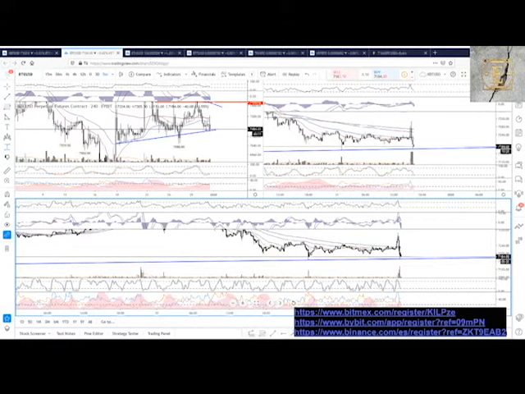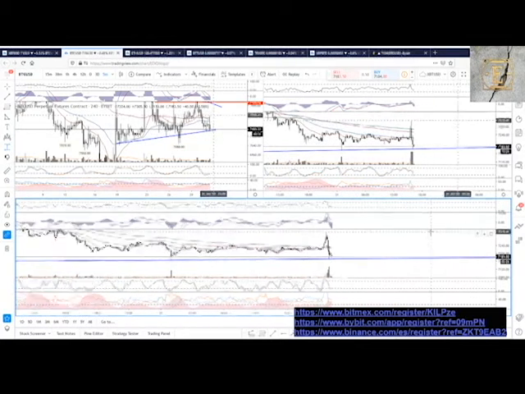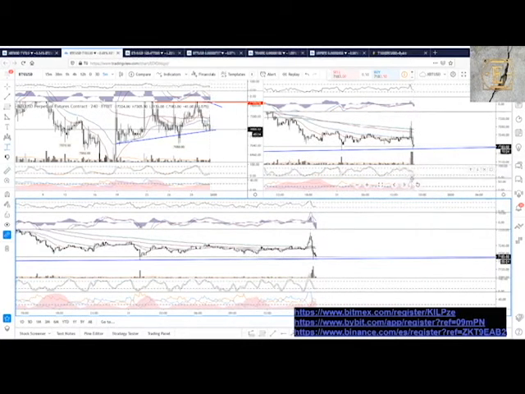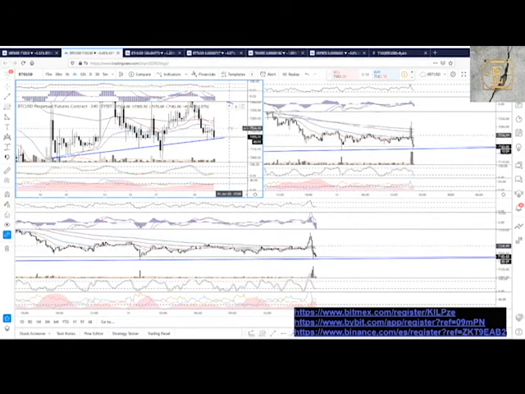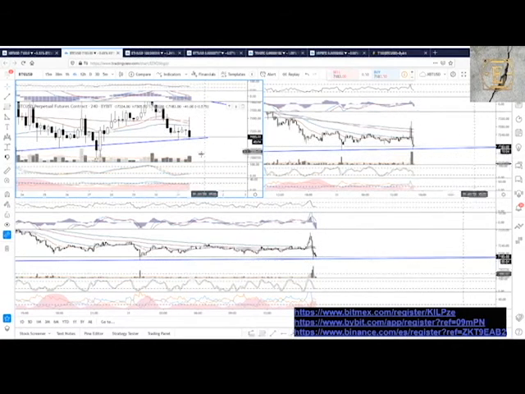Okay, let's look again. So we go now this 15 minutes near oversold. Oh my god, this candlestick in 1 hour is very ugly for bulls.